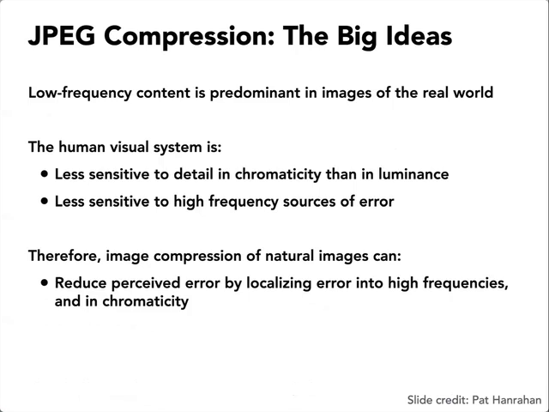One of the big themes was characteristics of the human visual system that were exploited in this JPEG compression standard. For example, we are much more sensitive to detail in luminance, the brightness or darkness of objects or parts of the scene, rather than the chromaticity or the coloration.